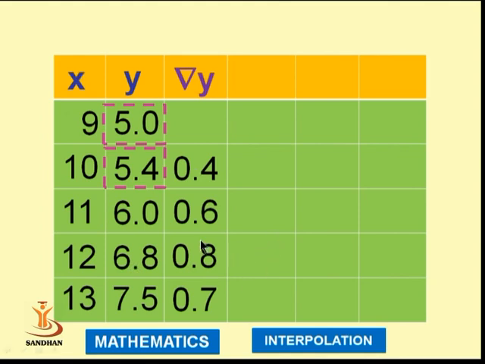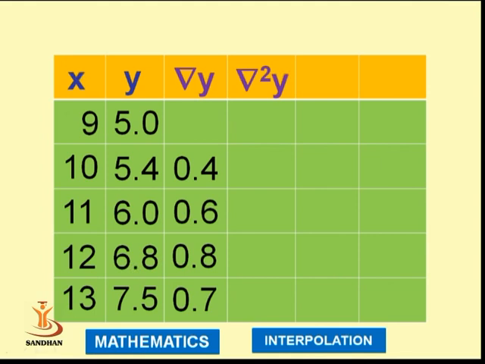Since there are 5 points, the number of terms for the first order backward difference would be 5 minus 1, which is equal to 4, and we have already computed 4 terms. Let's move ahead to compute the second order backward difference, denoted by nabla 2 y.